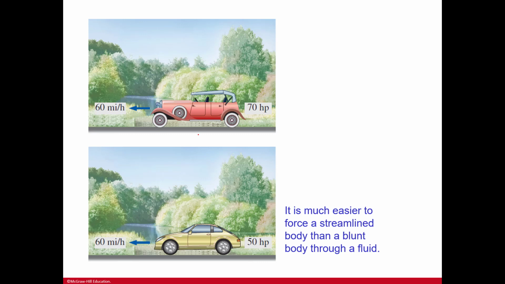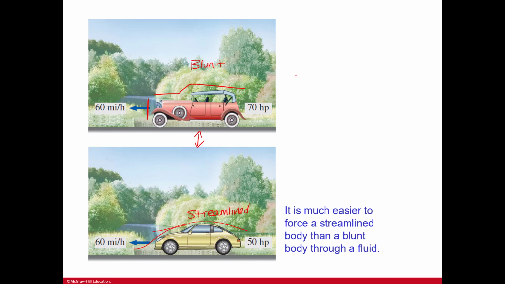When you're comparing these two, you could classify this as blunt, and then this one is streamlined, because you're reducing the amount of effort that it takes to cut through, right? You're kind of stopped here, whereas this is more of a fluid flow.